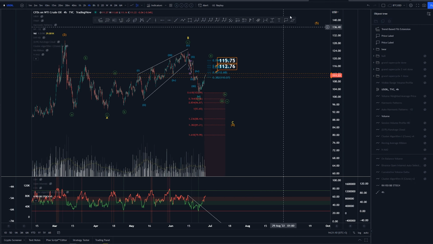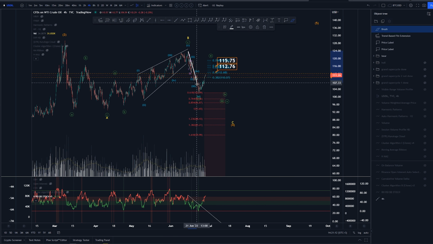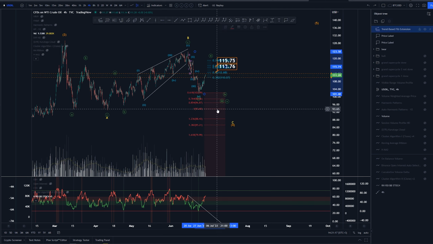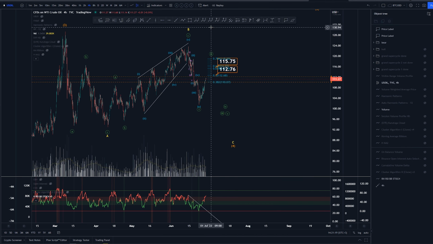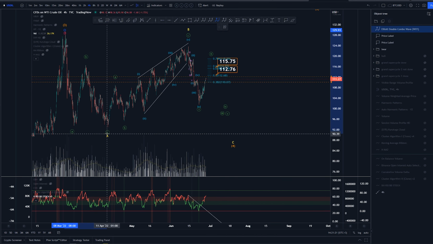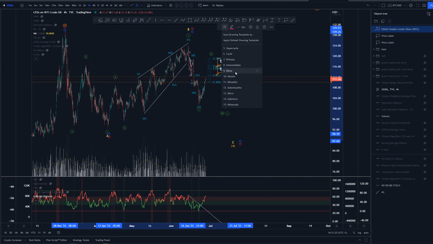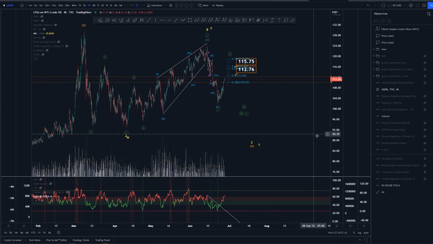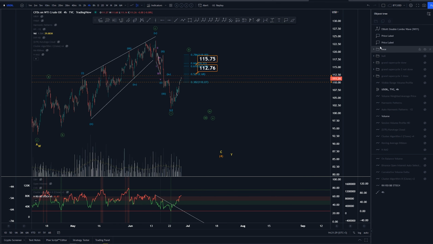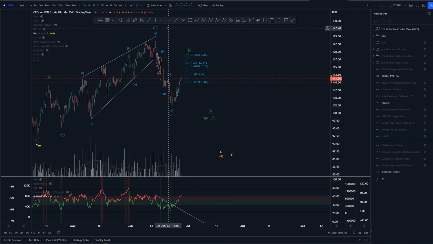But generally we would at least look for this to be an A, B and C, if not a 1, 2, 3, 4, 5. That would change the overall structure here into a W, X and Y. This would give us less downside, but would keep this bearish count alive.